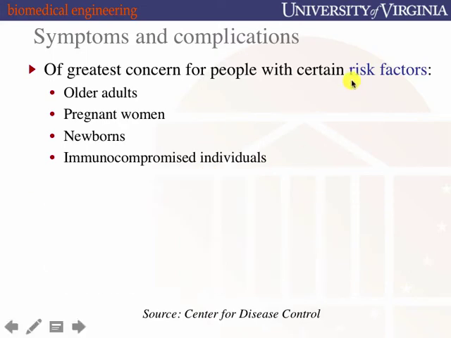And these are what we would call risk factors. So risk factors refers to characteristics of a population that, as the term implies, give them an enhanced risk of contracting a specific disease. In this particular case, the risk factor is a compromised immune system, which would tend to be a risk factor for just about everything.